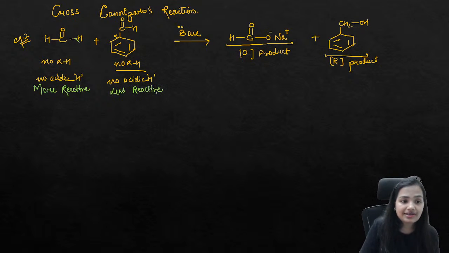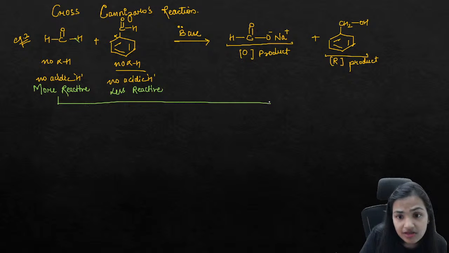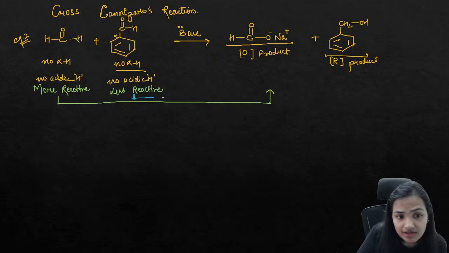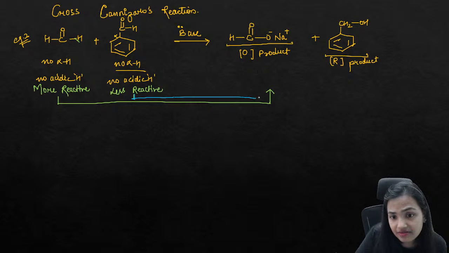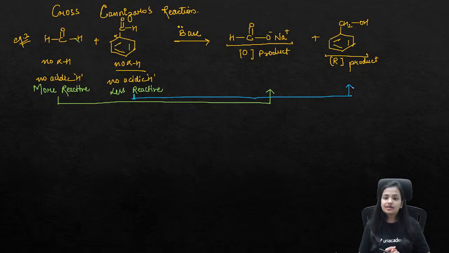One more thing you need to understand: the species which is more reactive will form the oxidized product, and the species which is less reactive will form the reduced product. Are you getting it?